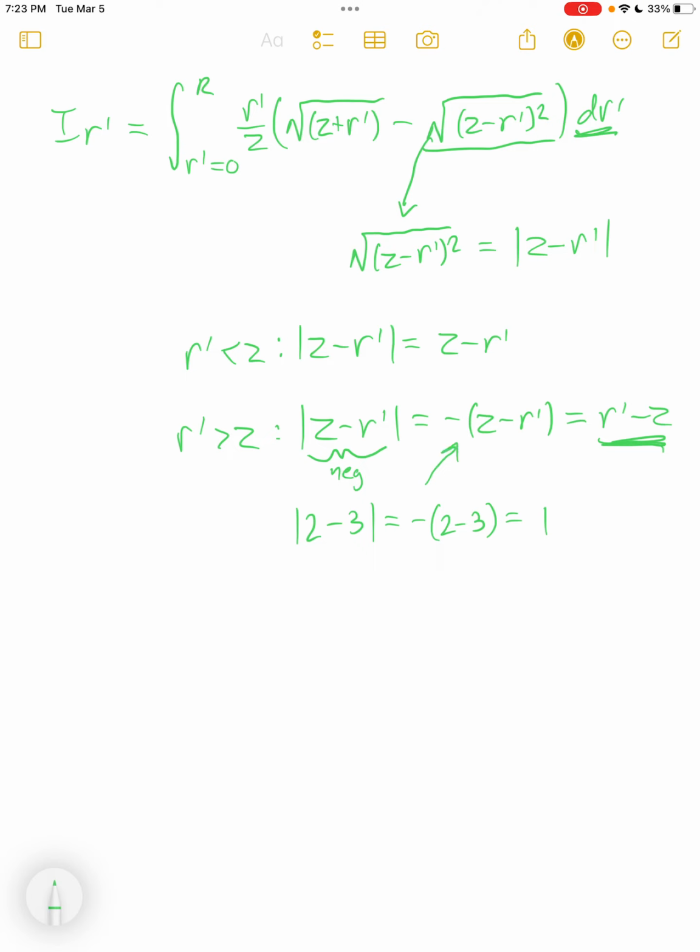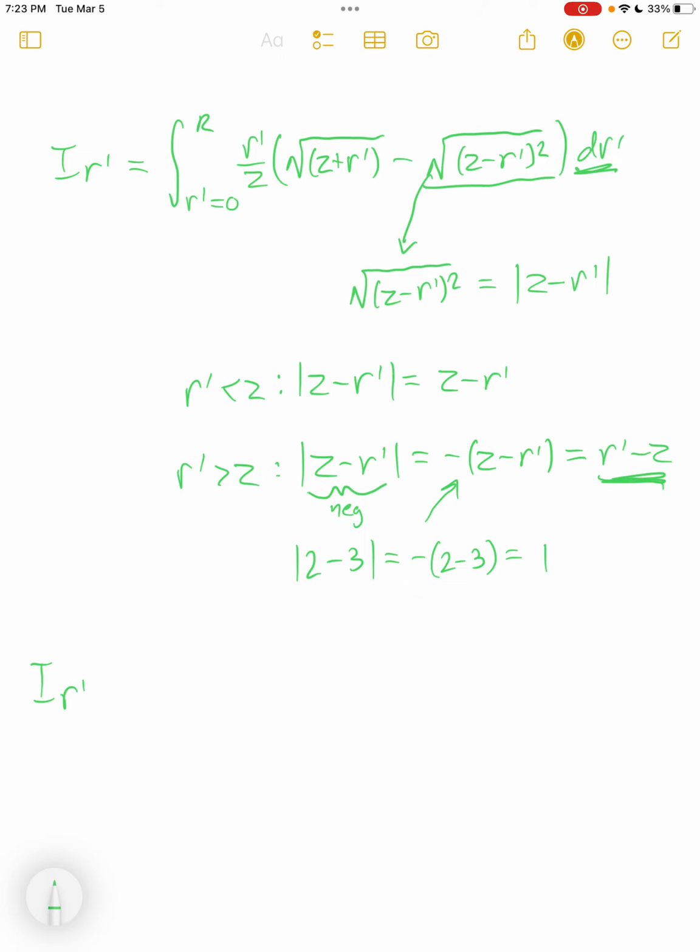That's my justification. So I actually have to break up this integral, because it's almost like we have a piecewise function here. My first integral for this case is going to go from r prime equals 0 to z, right? That's when r prime is less than z.